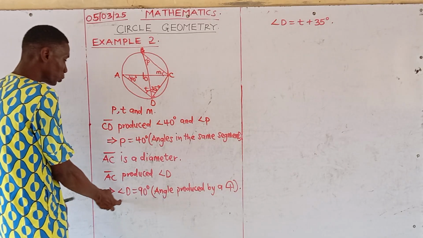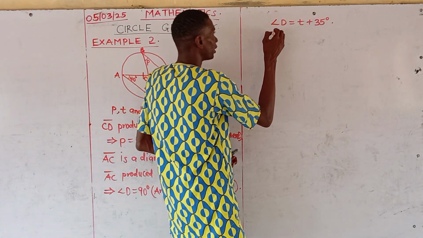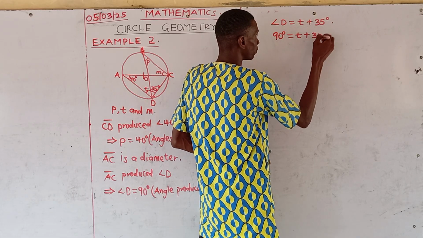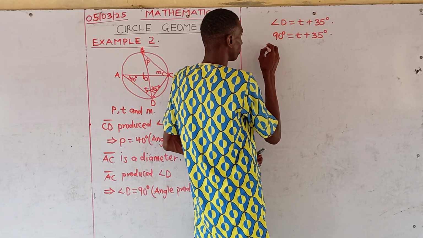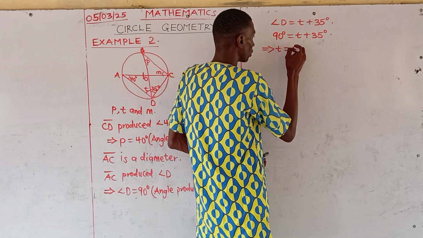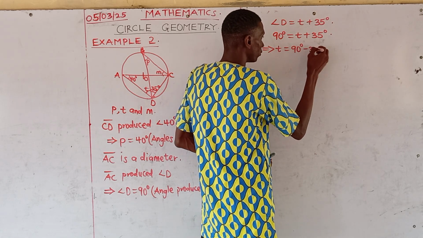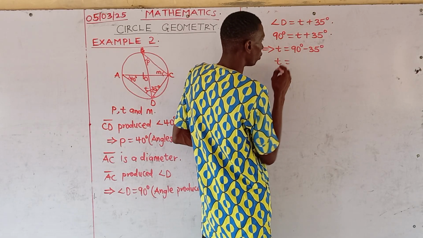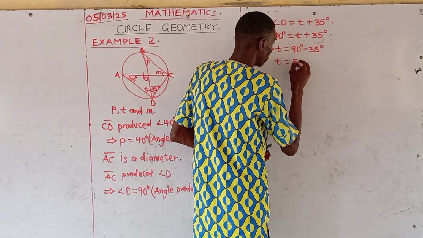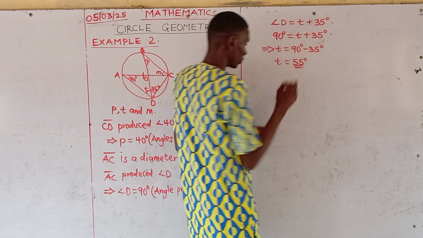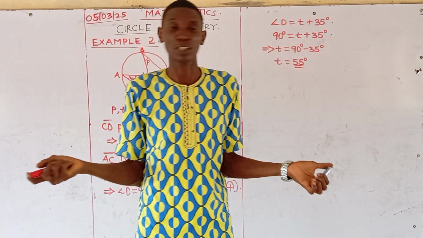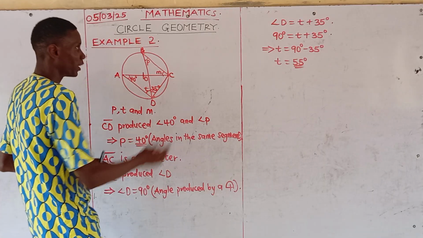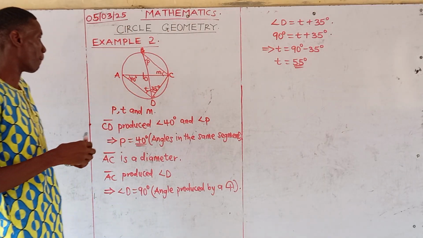Since you already know that angle D is 90 degrees, 90 degrees will be equal to T plus 35 degrees, which implies that T will be equal to 90 degrees minus 35 degrees. What will be our final answer? T gives us 55 degrees. That is how we solve our question. Now we have gotten angle P and angle T, remaining angle M.